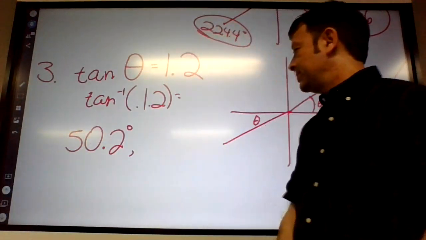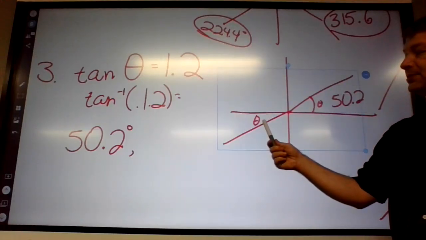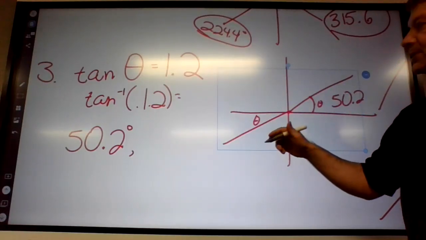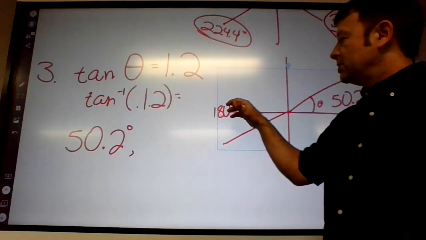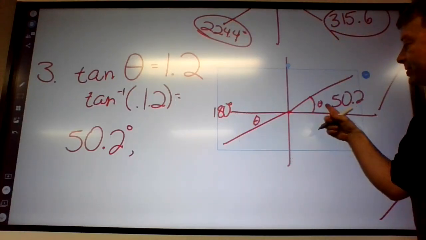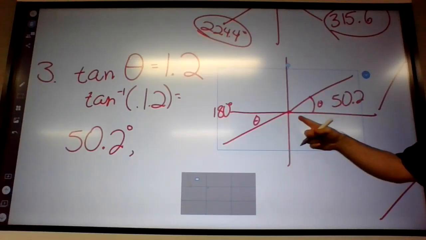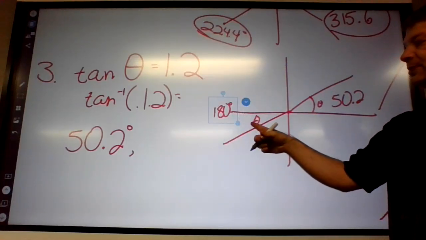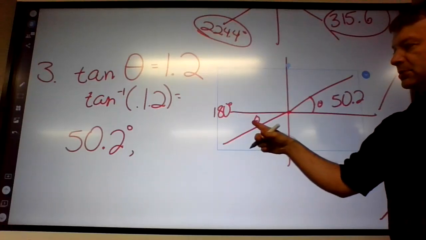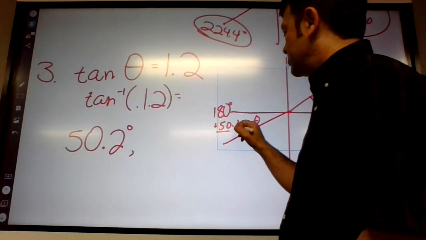It's 50.2 degrees. But we also need a third quadrant angle, because that's where tangent is also positive. So 50.2 is our reference angle. That's how far we are from the x-axis. To find our third quadrant angle, we're going to do 180 plus 50.2 and get 230.2.